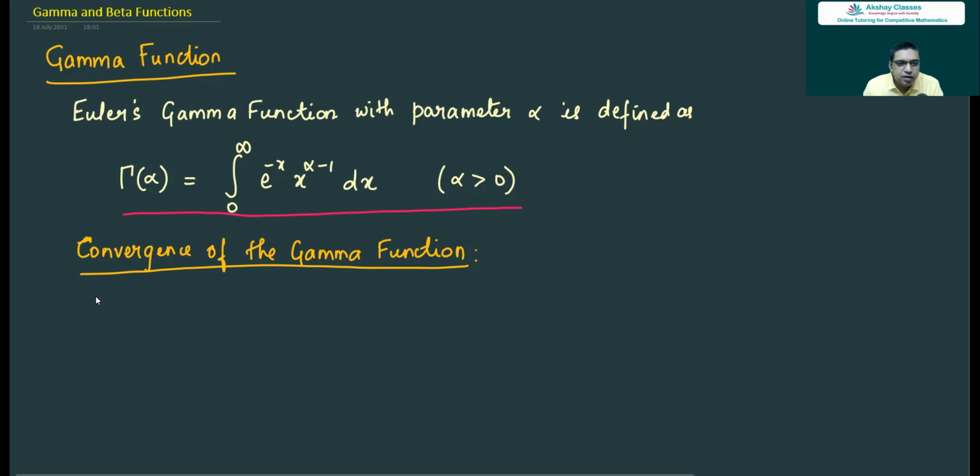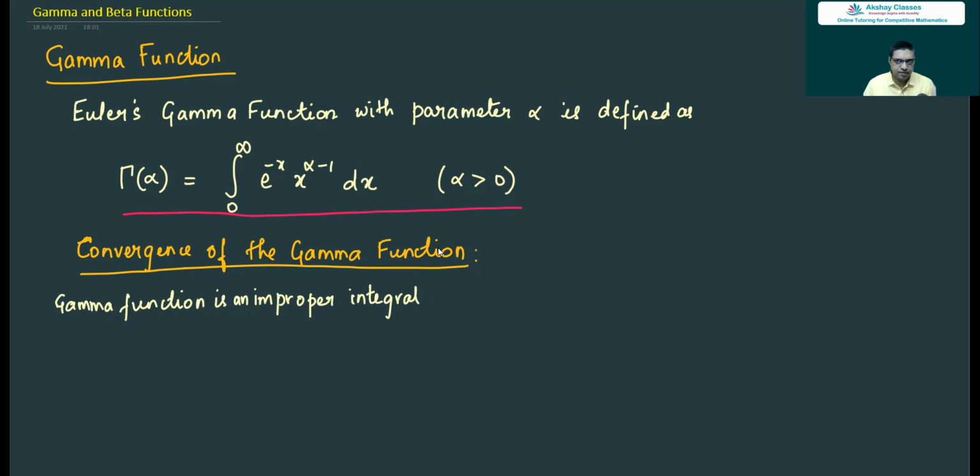Now, the gamma function is an improper integral for two reasons. First, one of the limits is going to infinity.